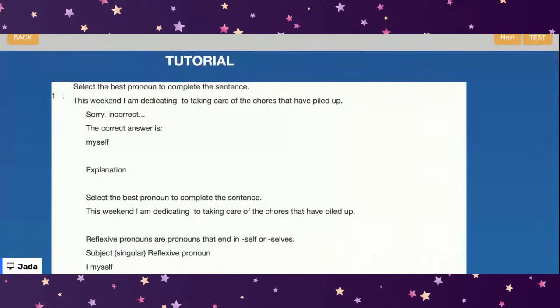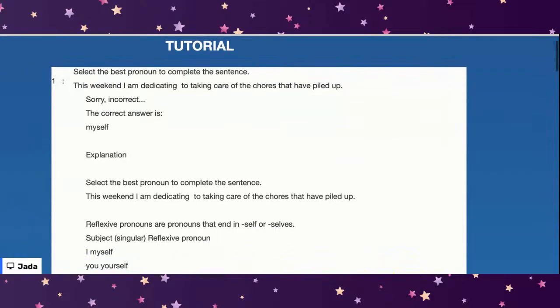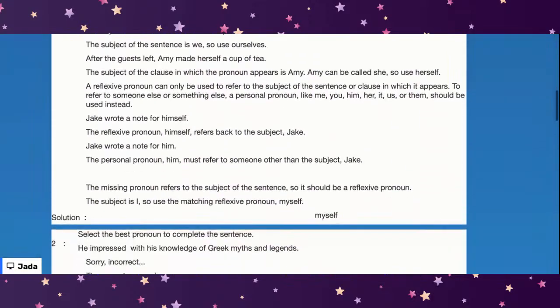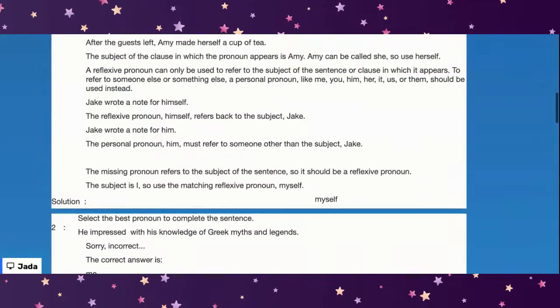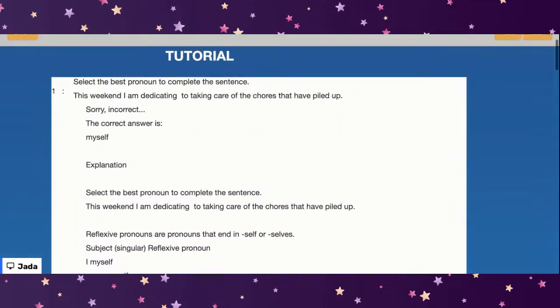So, some more. This weekend, I am dedicating dash to take care of the chores that have piled up. What would be the right pronoun? Myself, to take care of the chores that have piled up.